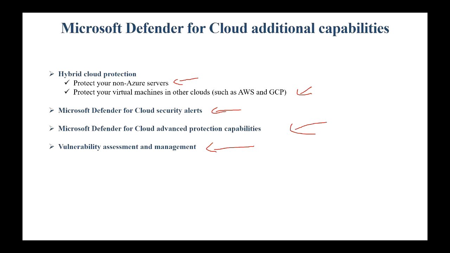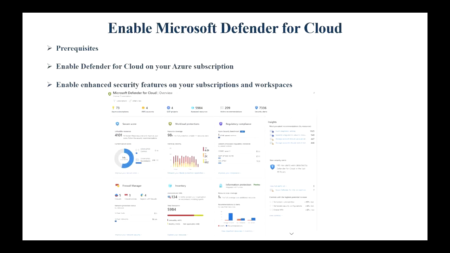You can review the findings from these vulnerability scanners and respond to them all from within Defender for Cloud, and this basically brings Defender for Cloud closer to being the single pane of glass for all your cloud security efforts, let's say.